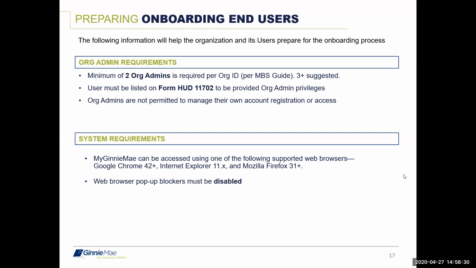If you find a user in urgent need of access to the portal, it's going to require an organization administrator to approve access and another one to request access and another one to approve. And you don't want to be in a position where someone's not available and that user cannot get access to the portal. So again, we do recommend a minimum of 3 organization administrators.